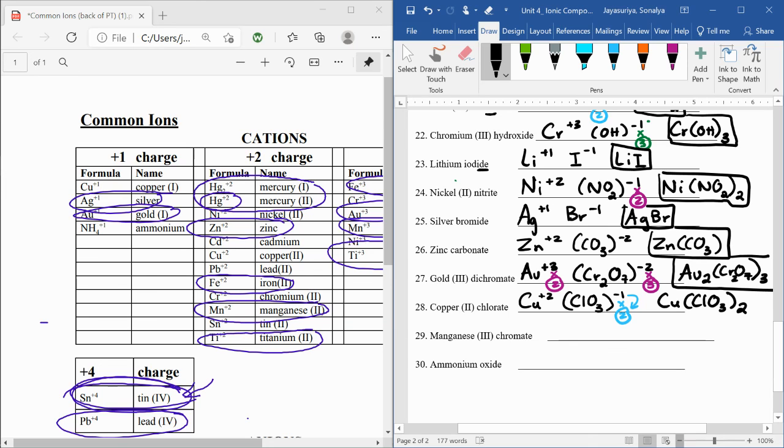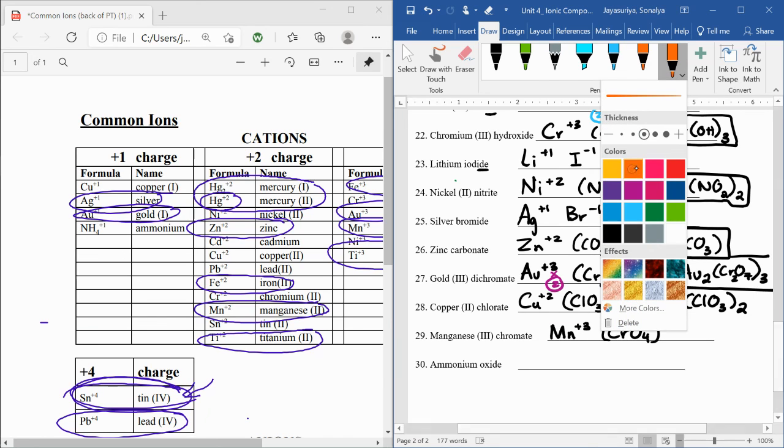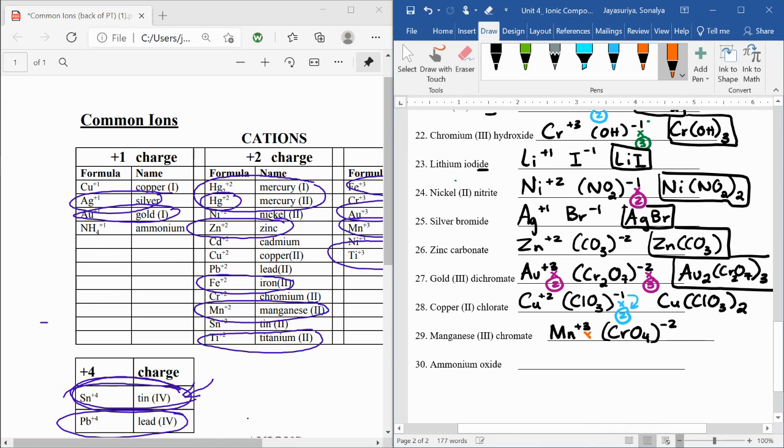Okay, then manganese 3 chromate. Manganese 3 is going to be plus 3 because manganese 3. And then chromate is just CrO4 with a negative 2 charge. Again, see what I mean? You got a plus 3 and the negative 2. So a 3 and a 2 situation again, it's going to be 3 times the 2. It's going to be 2 times the 3.